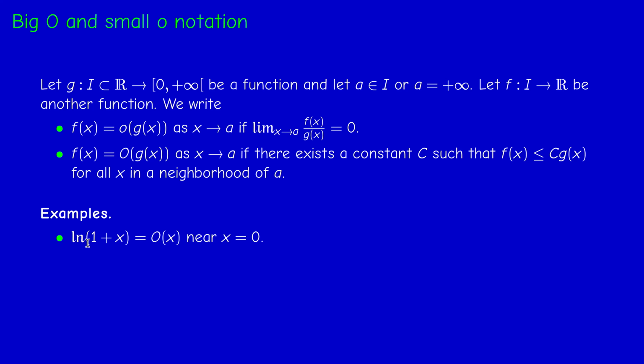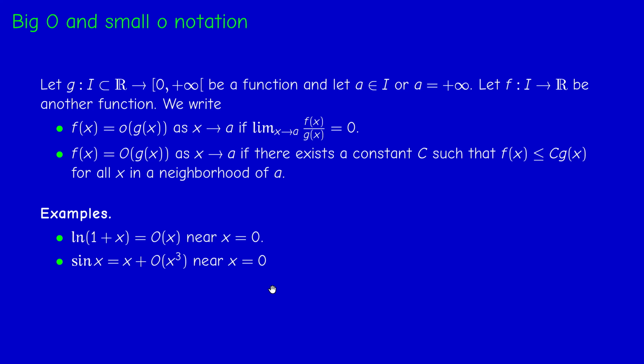Locally, ln of 1 plus x divided by x is 1 plus something, so it's bounded near 0. You probably know that ln of 1 plus x over x tends to 1, so the ratio is bounded locally near 0. So it's less than a constant times x. Actually, it's just less than x for x positive.